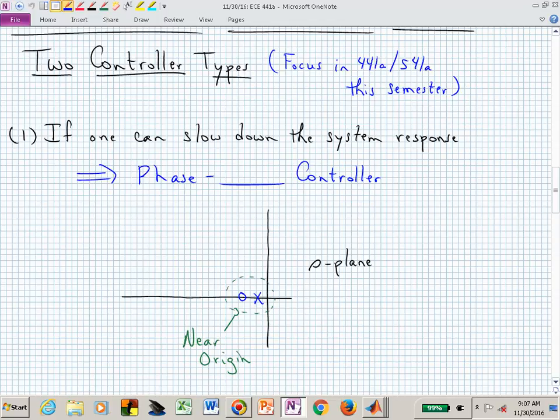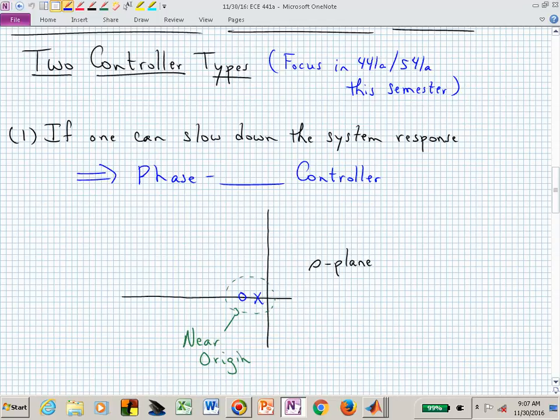If one can slow down the system response, and I've already given you this answer, what kind of phase blank controller are you using? And this is the S-plane plot of the poles and zeros of a phase blank controller. They are near the origin.